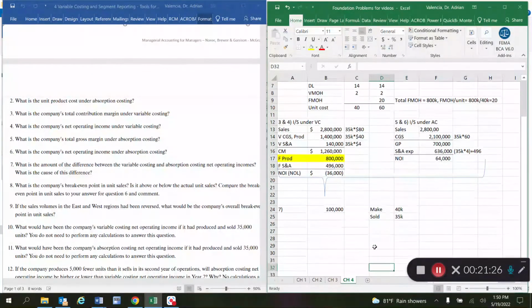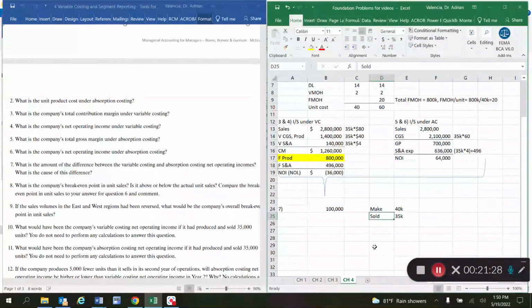So the difference of 5,000 units, or maybe I should say what remains in inventory is 5,000 units, and at the fixed manufacturing overhead cost per unit of $20, that's where the 100,000 comes from.